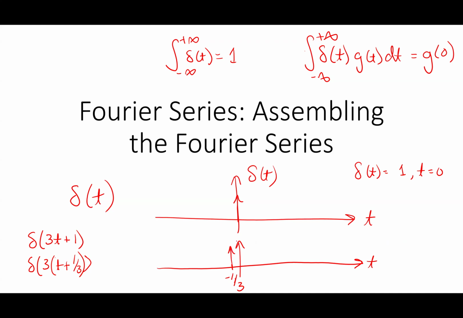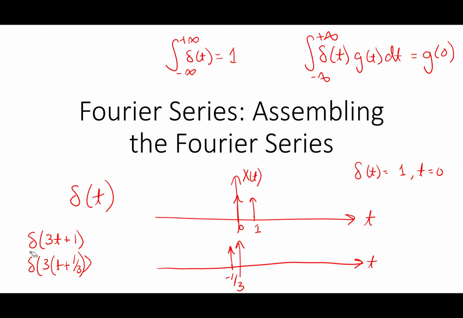Now, what if I told you I have some function that's got a couple of impulses? That can be compacted or expanded. So let's say I had the function x of t, which had two impulses, one at t equal to 0 and one at t equal to 1.